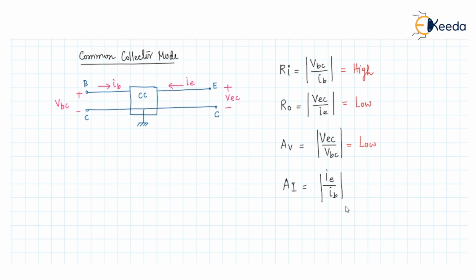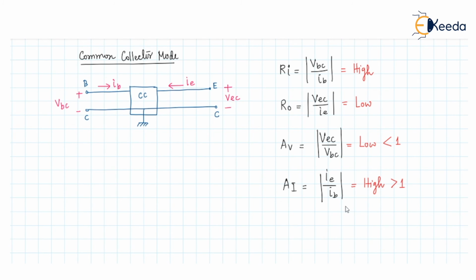How low? Generally it is less than 1. And the current gain has a very high value, generally greater than 1. So this is my current gain.